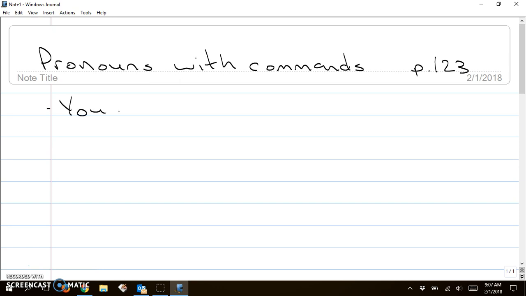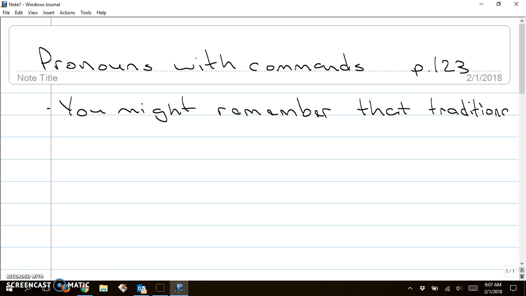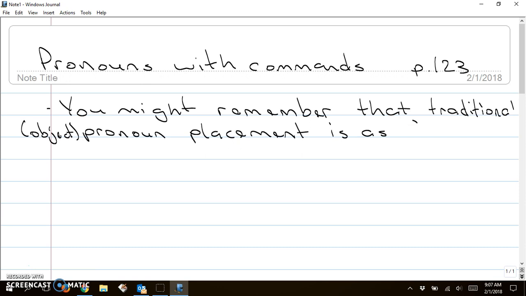So you might remember, or might not, that traditional pronoun placement, and these are the object pronouns, direct and indirect, etc., is as follows.